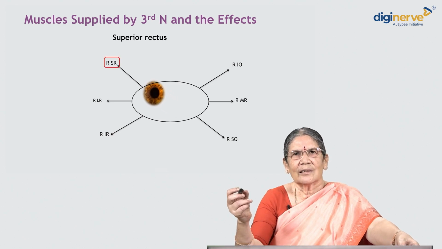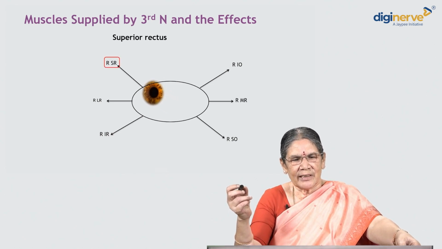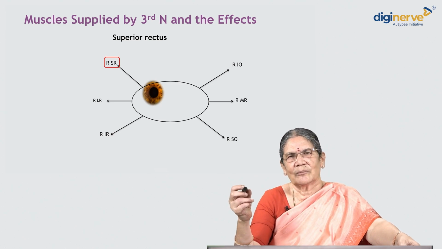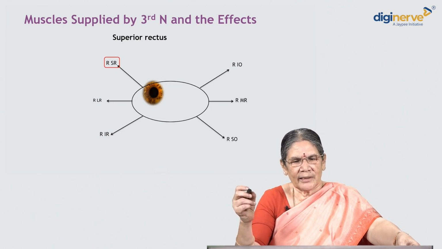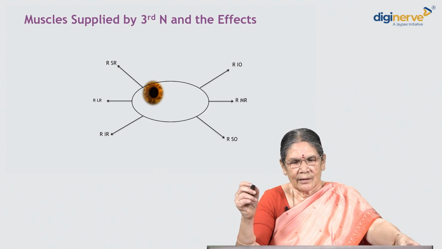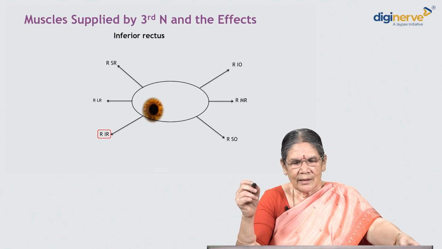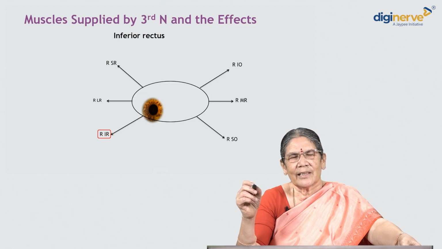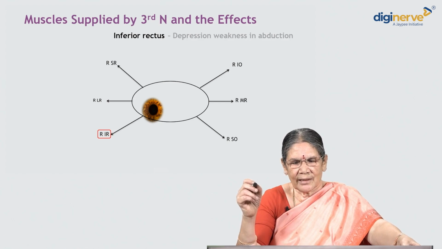The next is elevation deficiency in abduction, which is caused by involvement of the superior rectus. Then there is a depression deficiency in abduction caused by weakness of the inferior rectus.